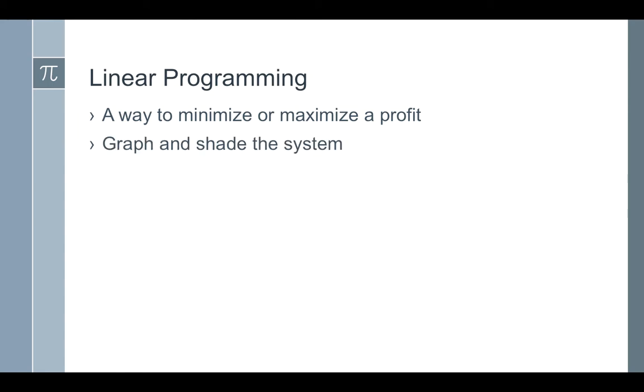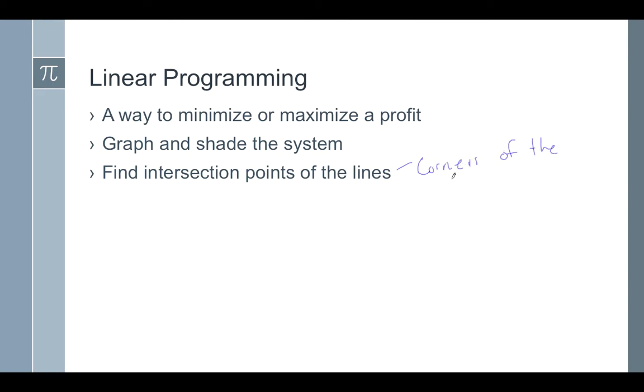So what we need to do is graph and shade the system, just like we did in the last section. The next step is we need to find all of the intersection points. The intersection points, in other words, are the corners of the shaded region.